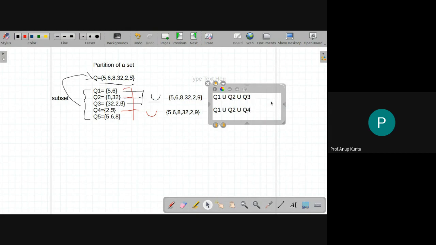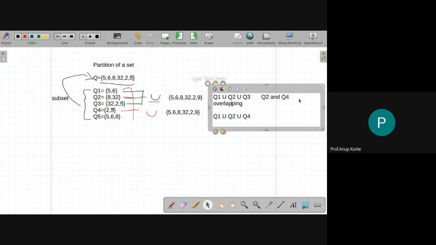The uniqueness is in this particular union. Q2 and Q3, they are overlapping. Overlapping means they have one common element, 32.